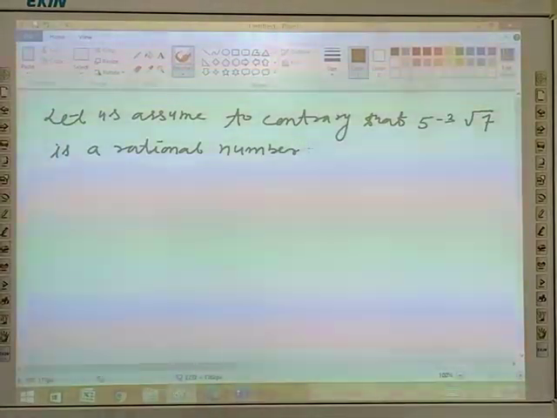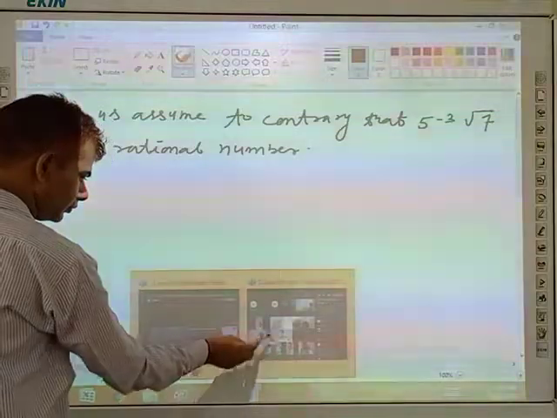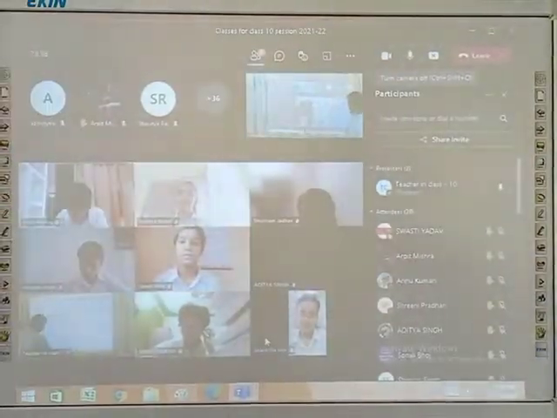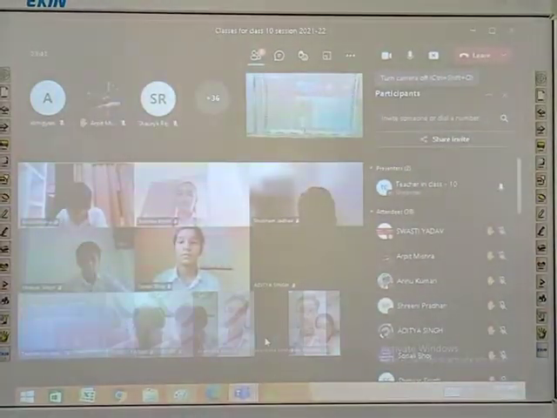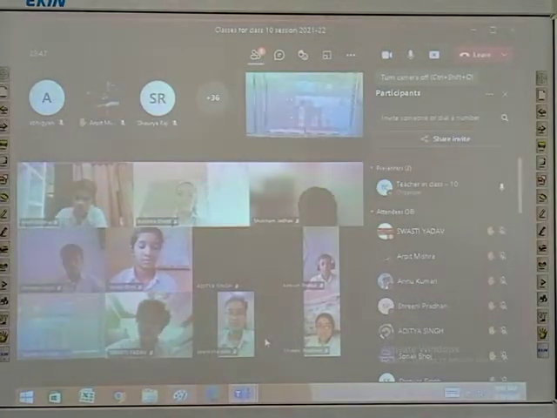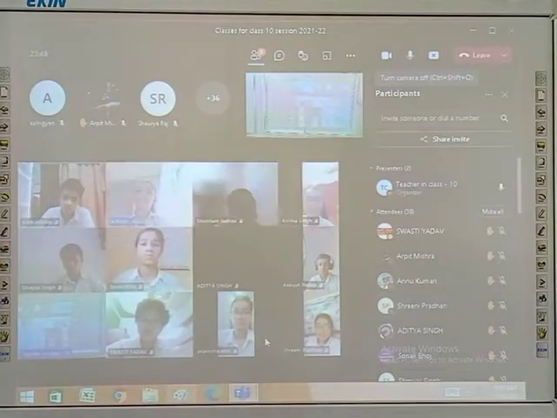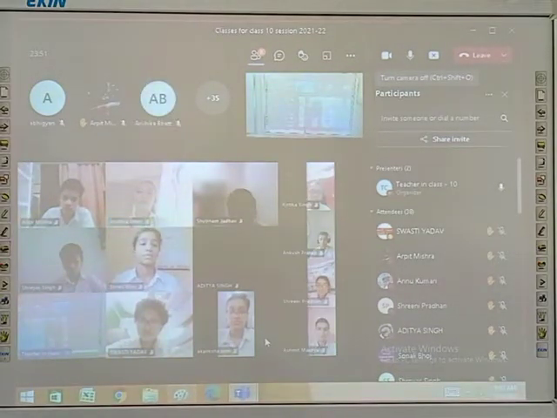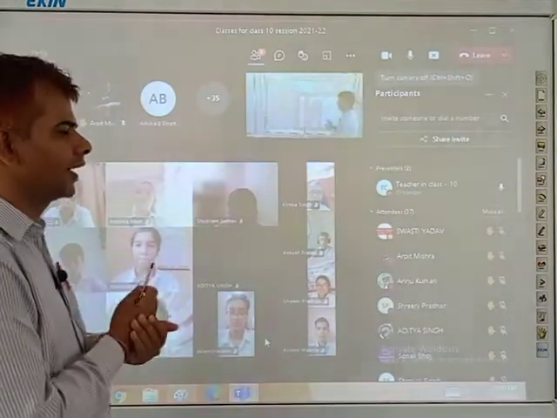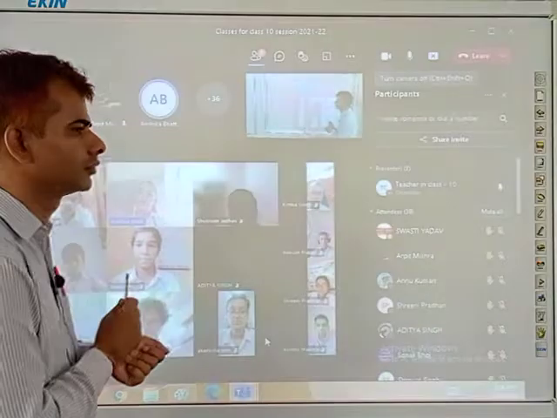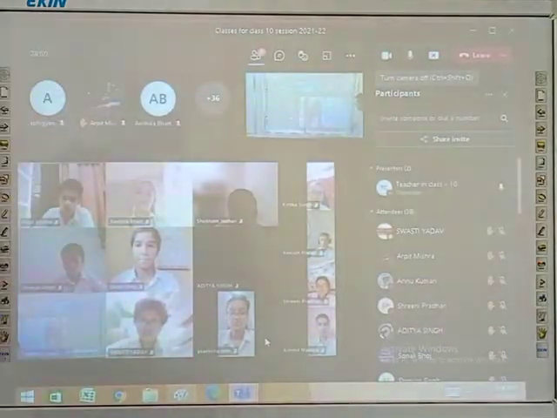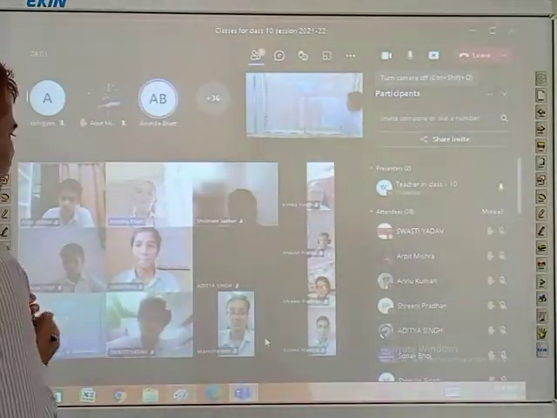If 5 minus 3 root 7 is a rational number, Anshika Bhatt, what is a rational number? A number which can be expressed in the form of p upon q, where q is not equal to 0, and p and q are co-prime numbers.